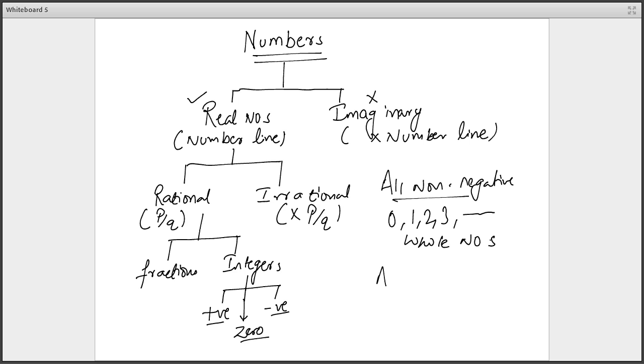If I say, see, 0 is neither negative nor positive. We cannot say 0 is positive or negative. 0 is 0.